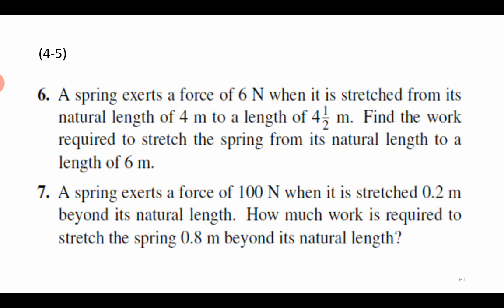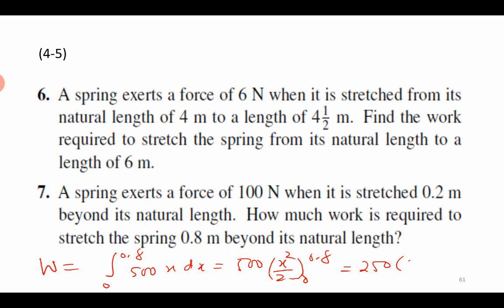W is integral 0 to 0.8 of 500 x dx. When you take 500 out and integrate x, you get x square over 2. Now use a calculator. 500 divided by 2 is 250. X square is 0.8 whole square minus 0 square. Use a calculator, you will get it. This is 160 joule because Newton and meter are involved. That's the end of this problem.